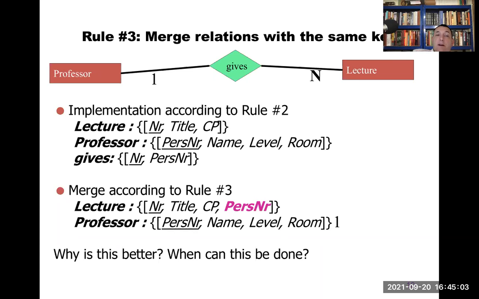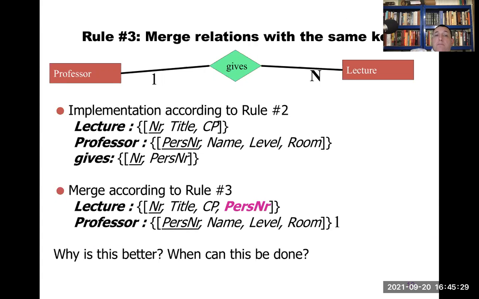In some queries we read lectures, we search for data from the lecture table, and in completely different queries we search for professors who give lectures, and no queries address both tables at the same time. So we have no queries that need to go here and there.